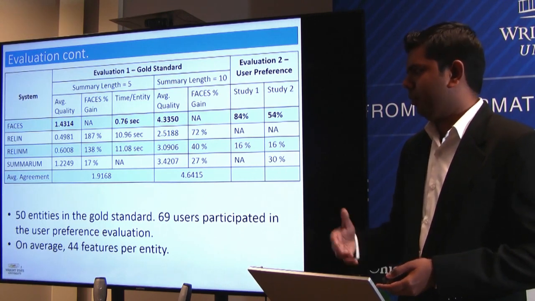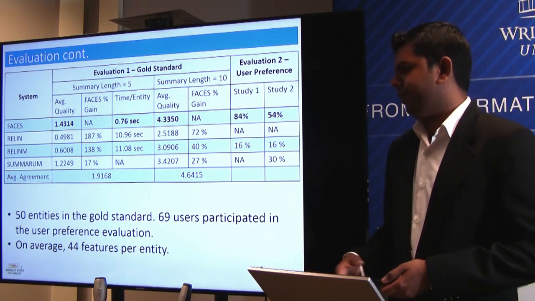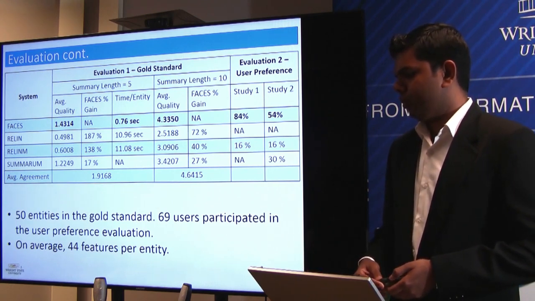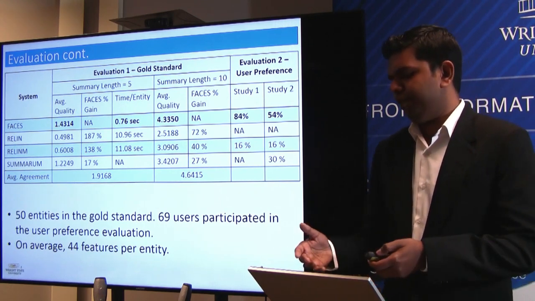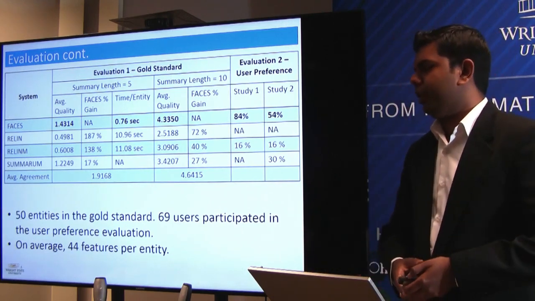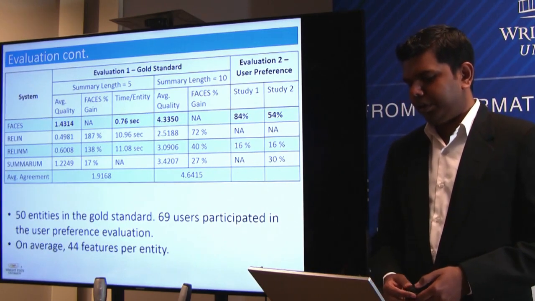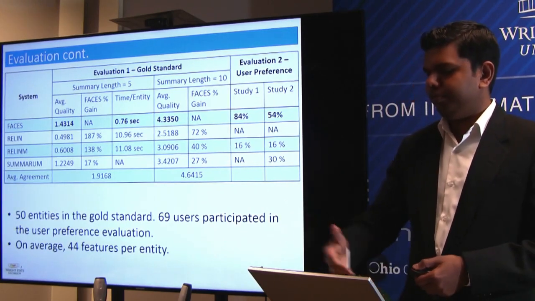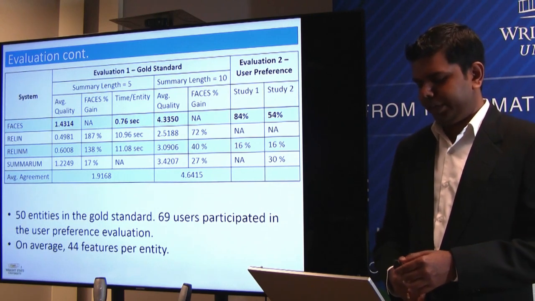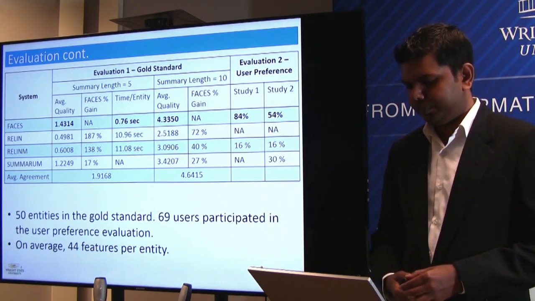I remember sometimes the description went up to about 150 features. Picking 5 from 150 features, it's unlikely that everybody is going to agree on the same thing. So the average overlap is a bit low, considering the number of features per entity was a bit higher in this evaluation.